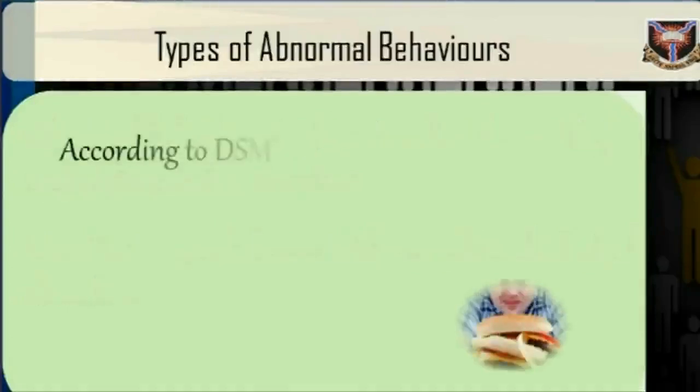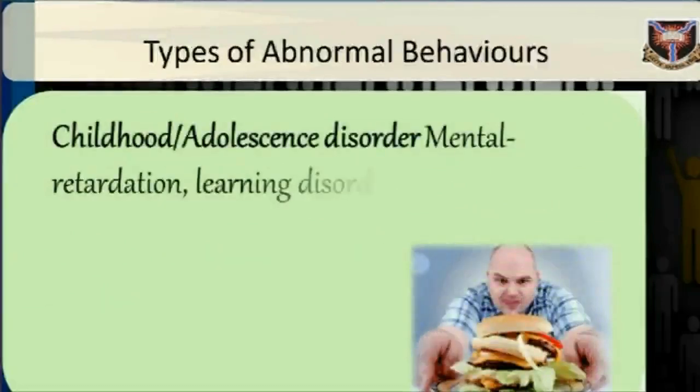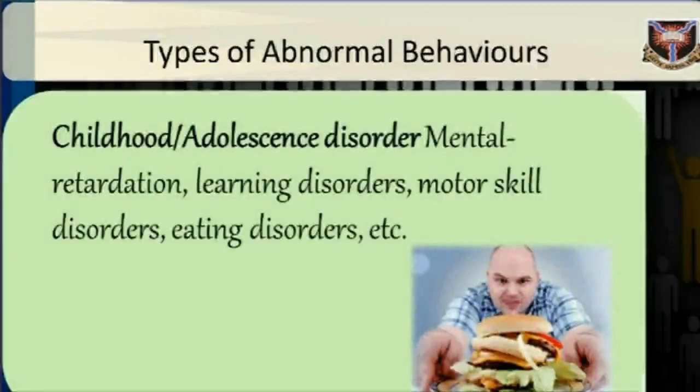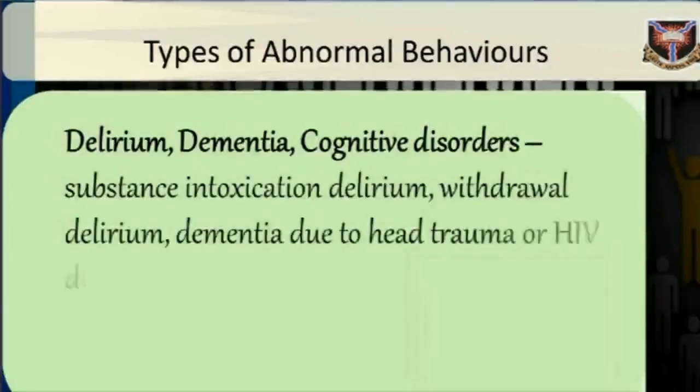According to DSM-4 classification, abnormal behavior can be categorized into the following types: child or adolescent disorder, mental retardation, learning disorder, motor skill disorder, eating disorders, etc. Delirium, dementia, cognitive disorder, substance intoxication delirium, withdrawal delirium, dementia due to head trauma or HIV disease, etc.